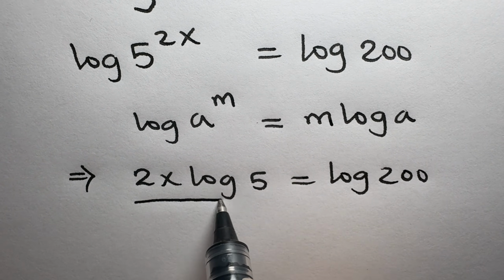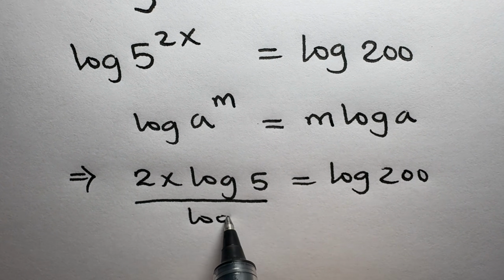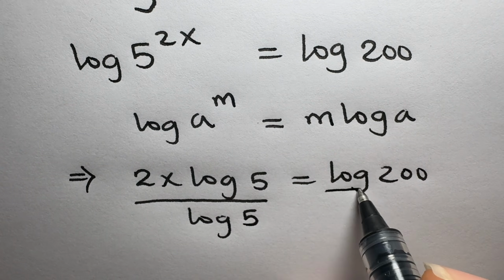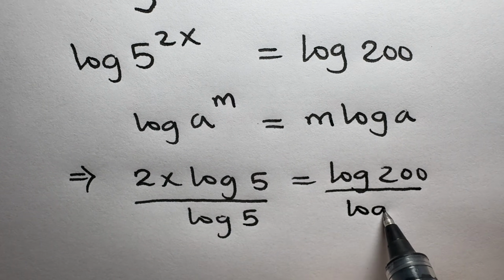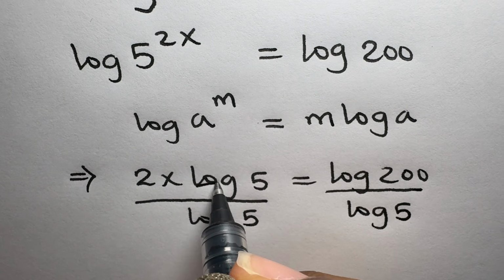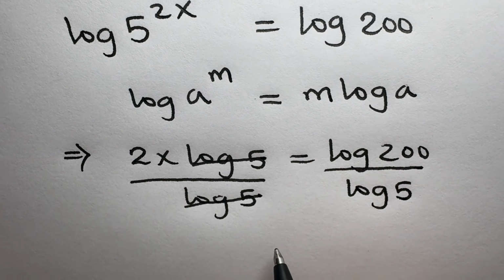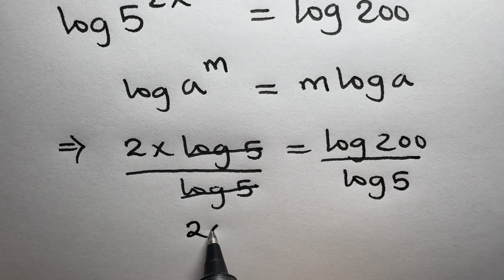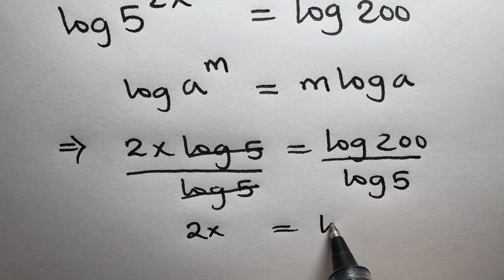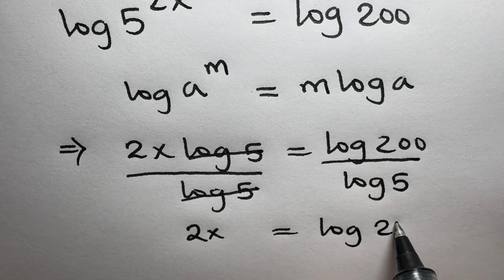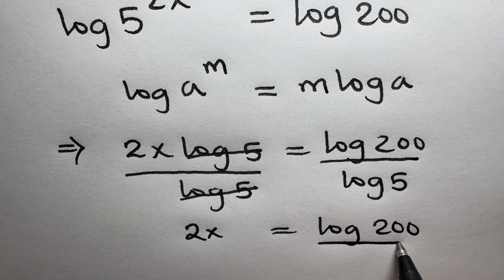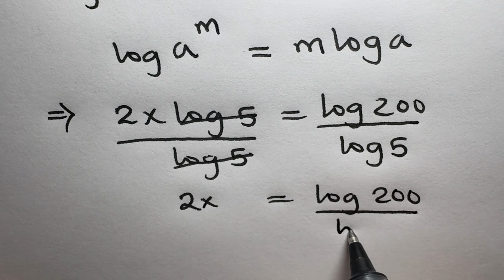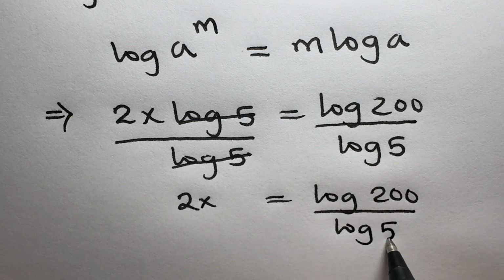I'm going to divide both sides by log 5. So log 5 cancels log 5. Then I have 2x is equal to log 200 divided by log 5.